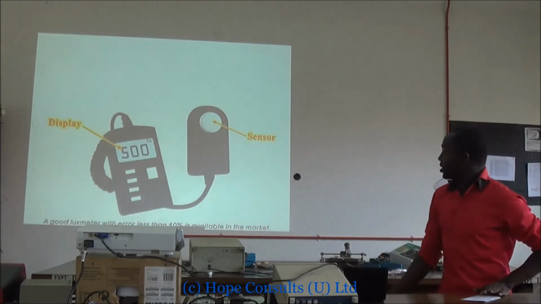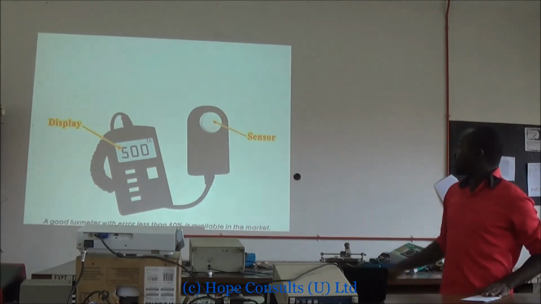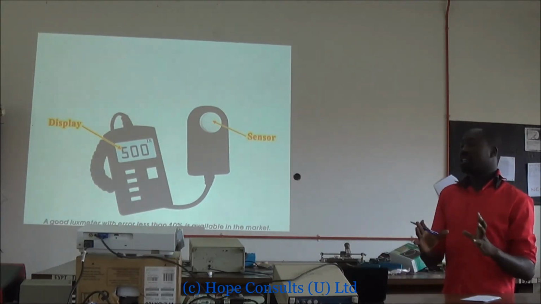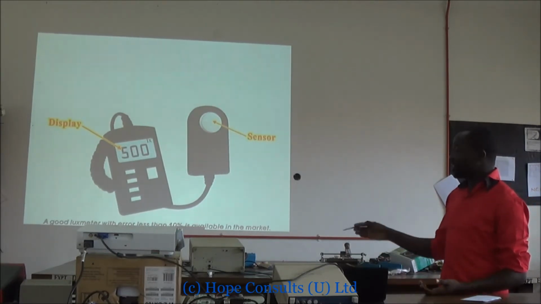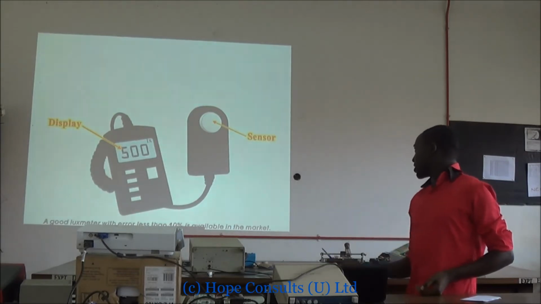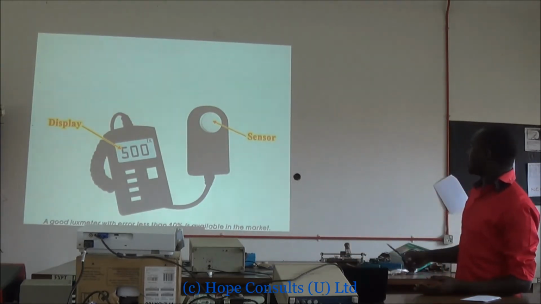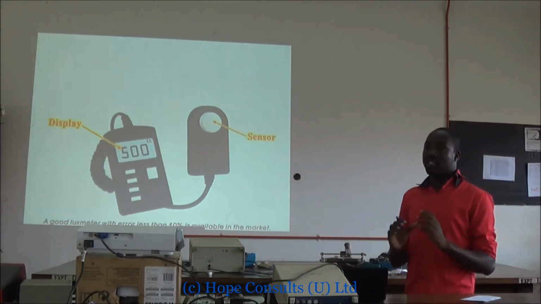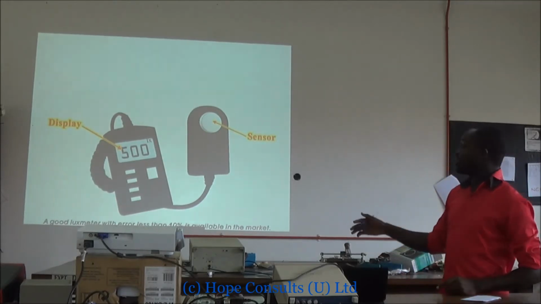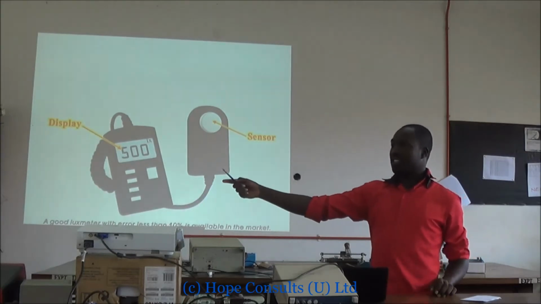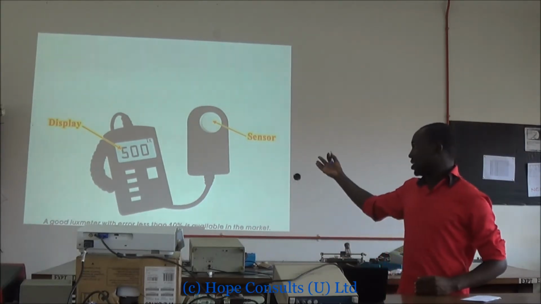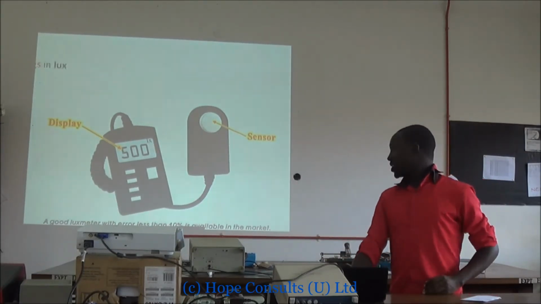The laximeter looks like that. We have the part that displays the reading and the sensor. The sensor is the part that is sensitive to light. It has a wire coil such that you can stretch it to whichever distance while you're holding it, and it gives you the reading.